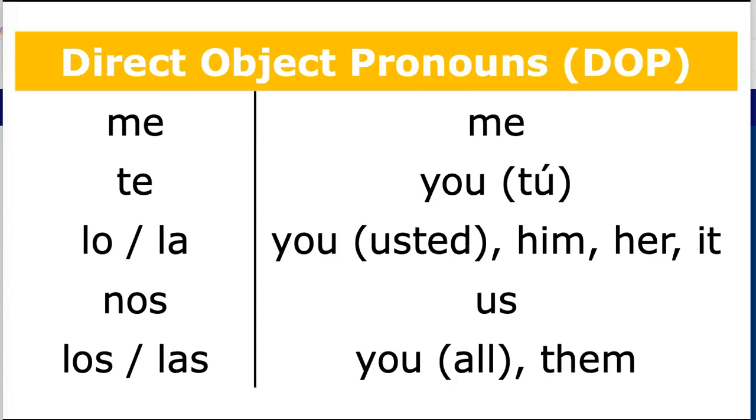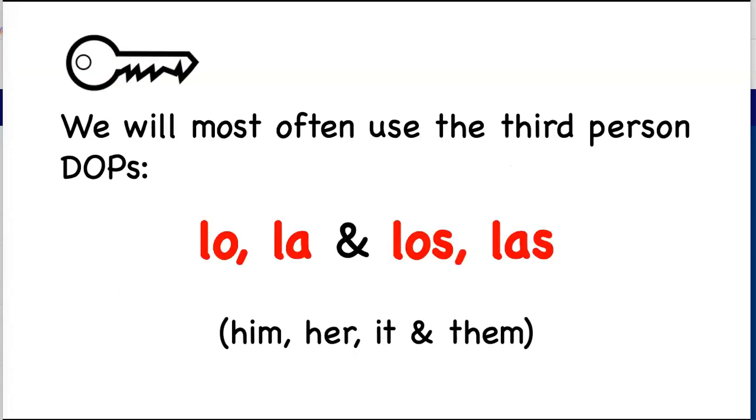Los and las mean either you all or them. And again, depending on gender, you're going to use los for masculine or mixed groups and las for all feminine groups. Just a practice pointer. Most often, we're going to be using the third person direct object pronouns, which are lo, la, and then the plural, los, las.